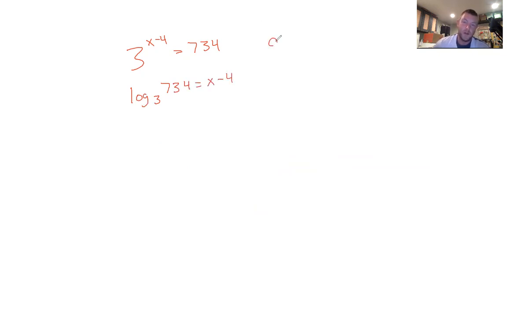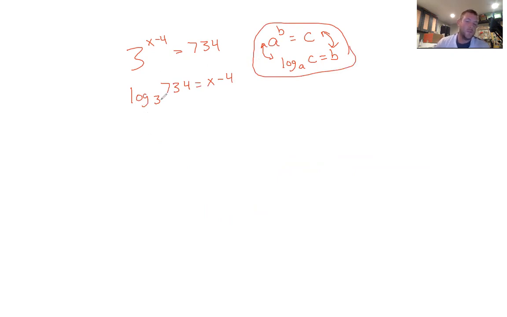Remember, if a to the b is equal to c, then log with your base of a of c is equal to b. This is the conversion, and I think that's on your formula sheet if you forget it.